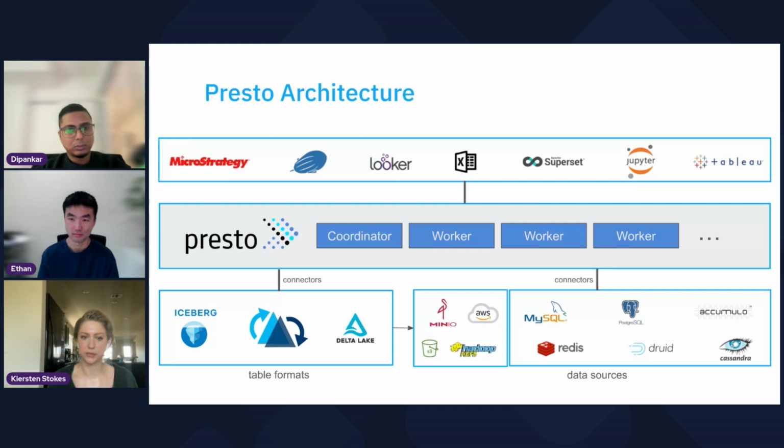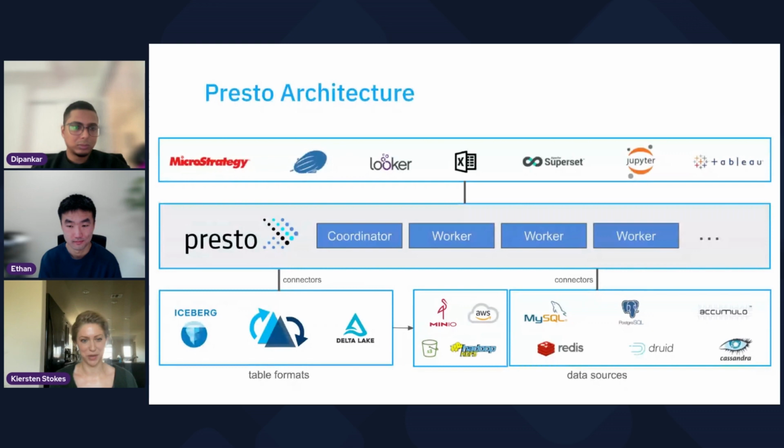Now, the lower layer is the possible connections to the underlying data. So you can have connectors directly to a number of databases like MySQL, MongoDB, PostgreSQL, all those good ones. And that's sort of shown on the bottom right there of that diagram. But more importantly, for our purposes here, there are also connectors for table formats in Presto as well, of course, Hudi being one of them.